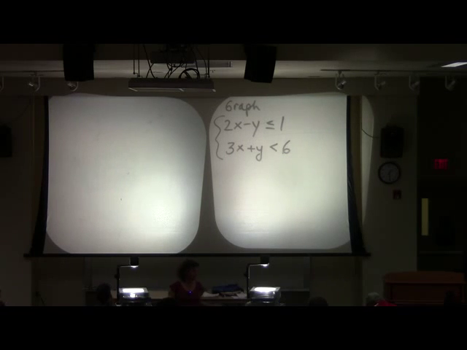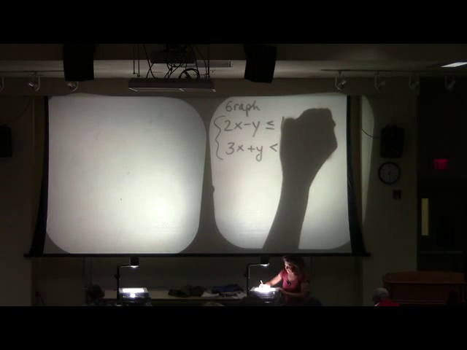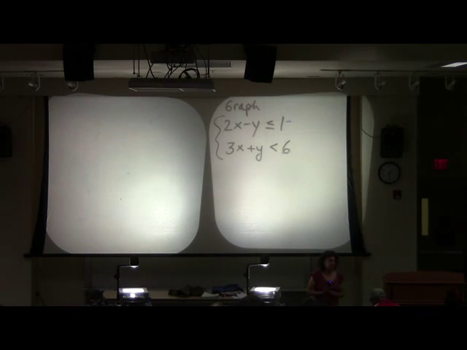I'm going to graph and shade each of these lines in a different color, okay? Just so I know what I'm talking about. So, what I'm going to do is I'll do this first guy in blue. Okay? Look at each of them separately. Don't consider them at the same time yet.